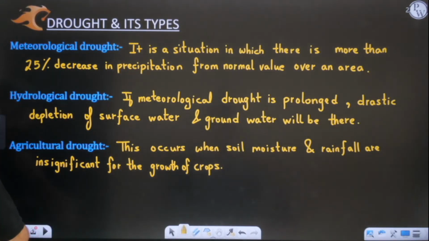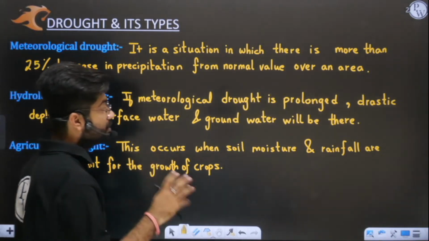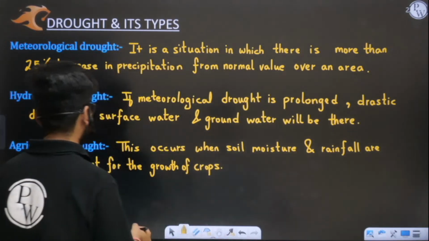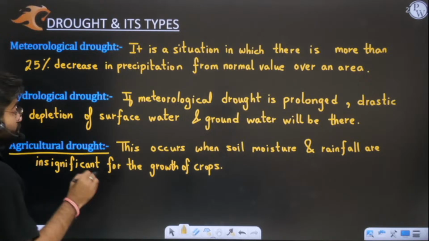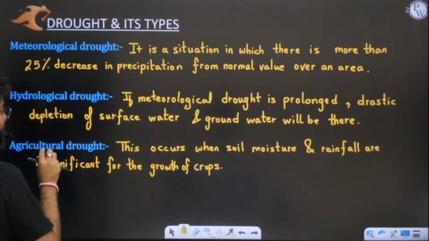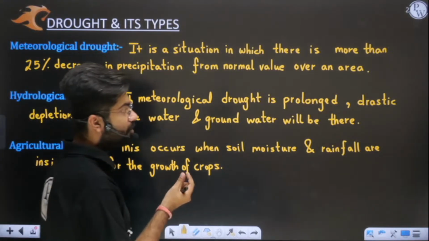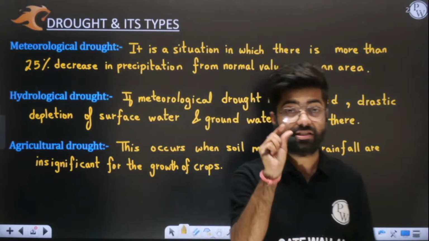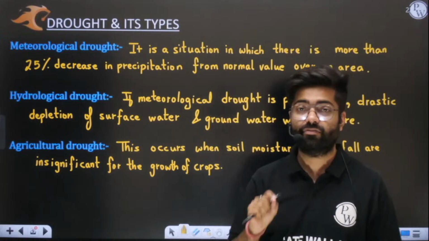Meteorological, hydrological, agricultural, three kinds of droughts are there, but the most important one is agricultural drought, because it will affect food production. We represent the severity of this agricultural drought with an index.